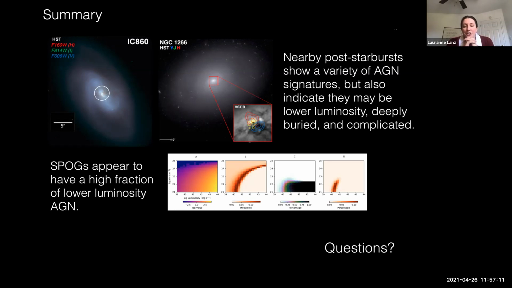Infrared, I wondered to what degree it might be a contamination aspect as well, where they're not particularly luminous. So it might be an issue of disentangling how much of that infrared is from AGN and how much of it is from star formation.